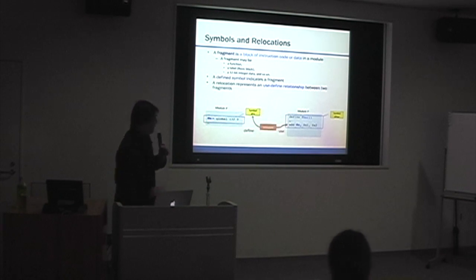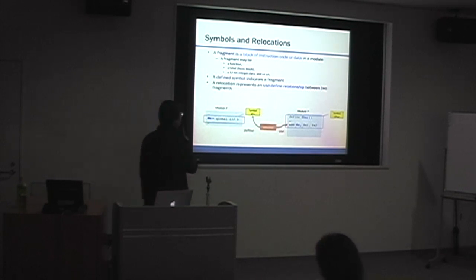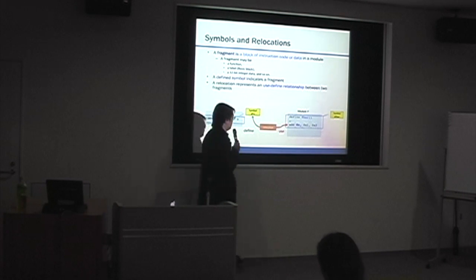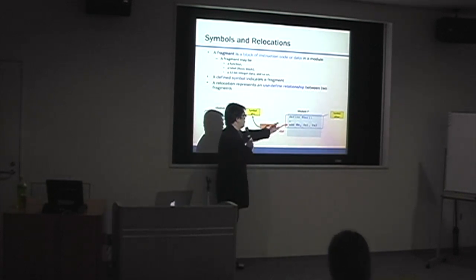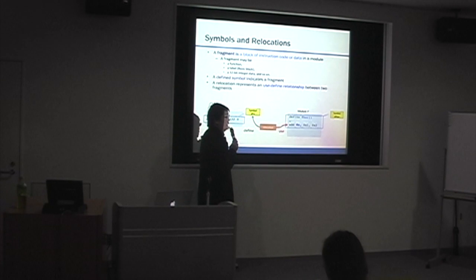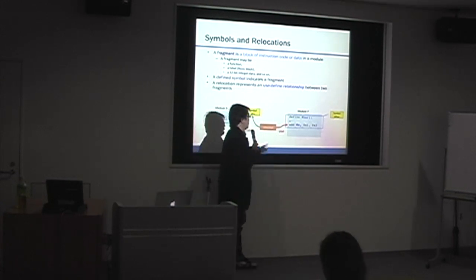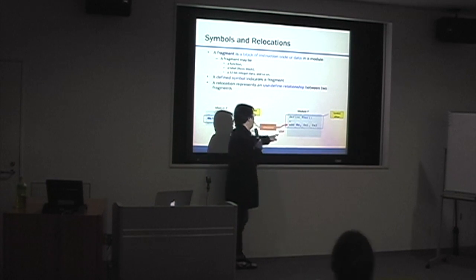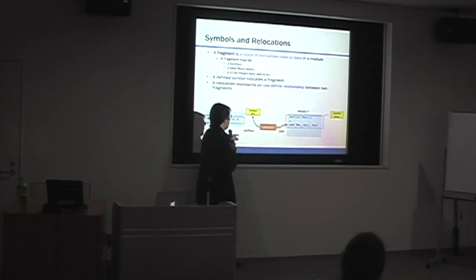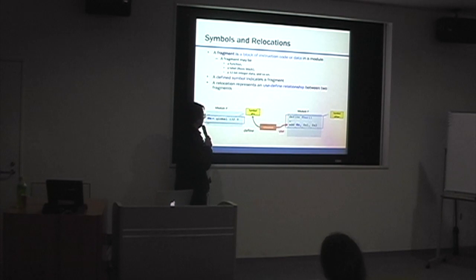Okay, and if in function bar there is an instruction that uses the variable A, then the compiler will generate a relocation entry to indicate that this associated data needs to be changed to adjust its address to the correct variable.